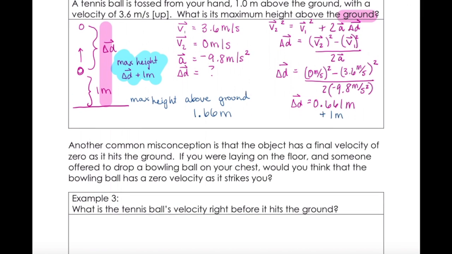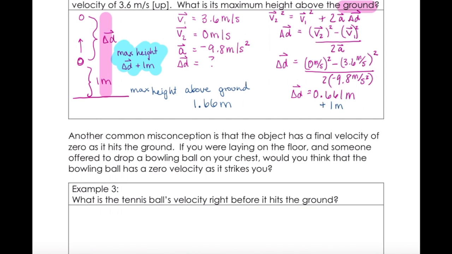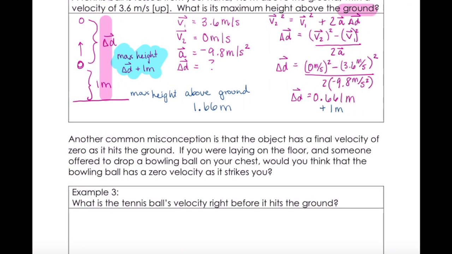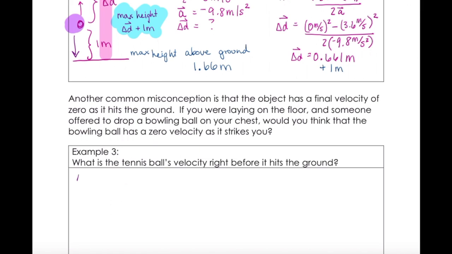All right, so if we look back at the problem, we're going to be going from this point here to the ground. Okay, so our change in position is actually going to be -1 meter.